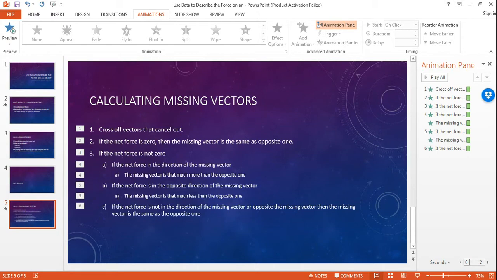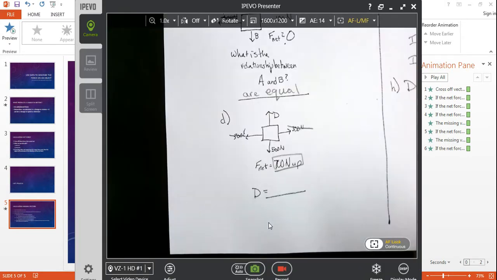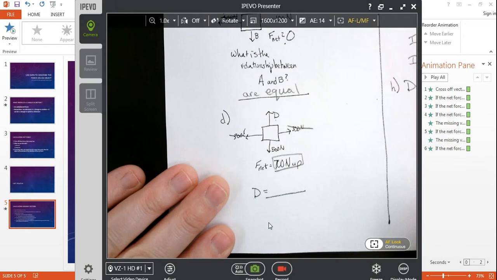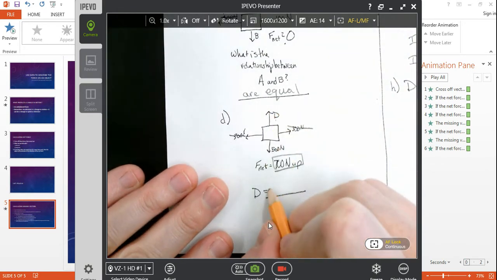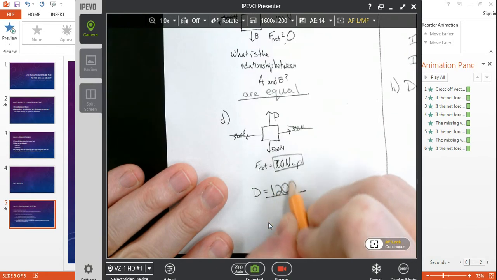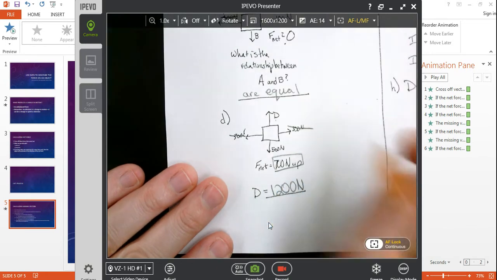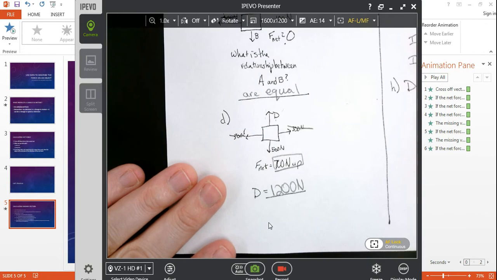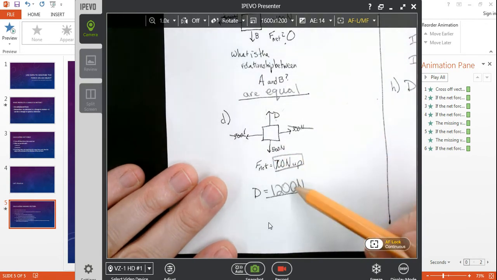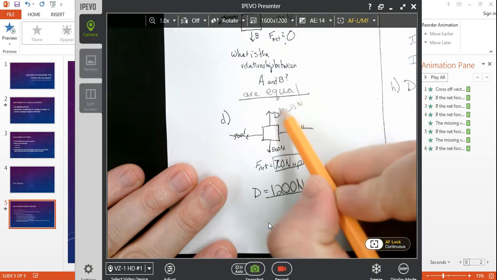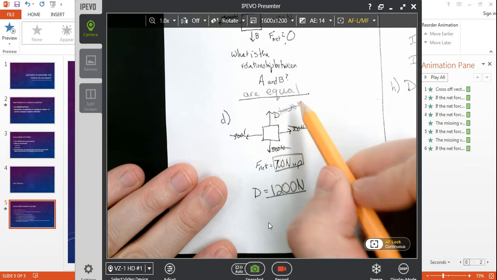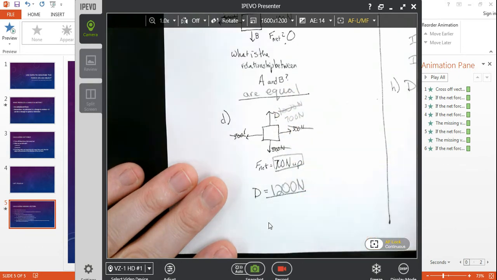So the net force is in the direction of the missing vector, which means it is 700 newtons more than the opposite one. So it's 1200 newtons. And you can double check your work, because if you put 1200 here, well, 500 newtons of the 1200 would cancel out, leaving 700 newtons as the net.